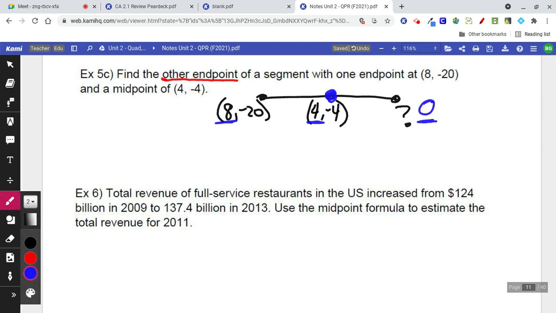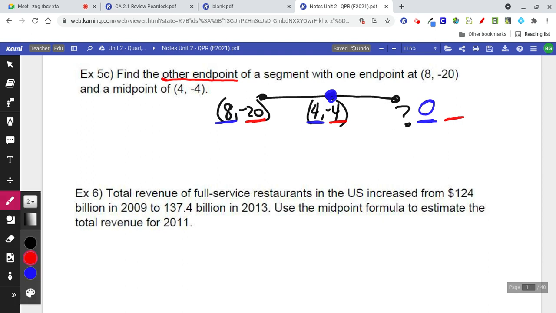Okay, great. So then you do the same thing for the y's, and you say, well, this number right here is in the middle of -20 and something. And that's kind of hard to see what it's in the middle of. So maybe if you can't see that, I think negative numbers are hard to deal with. Maybe then you can use the formula. Maybe you can see it.